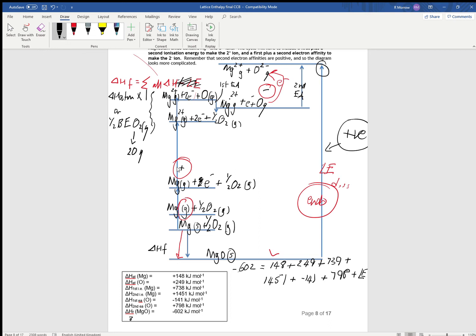So all I've got to do now is the calculation here to work out the sum on the right hand side. So I have -602 equals 3244, and then we've got our lattice enthalpy there, so minus our lattice enthalpy.